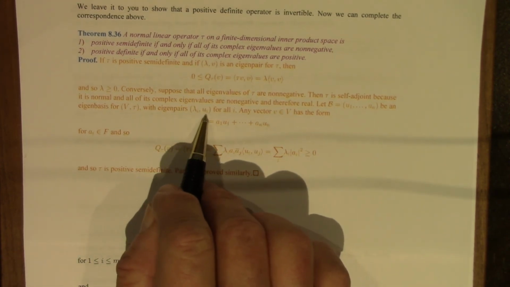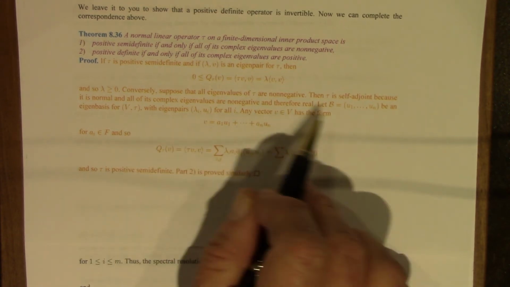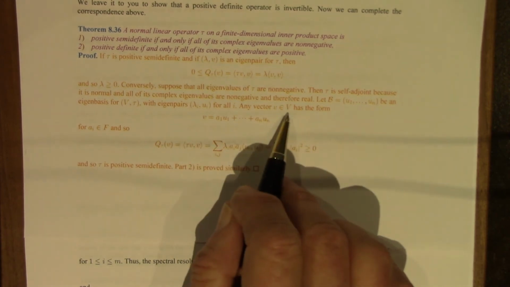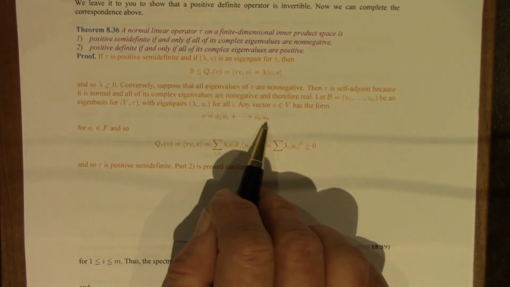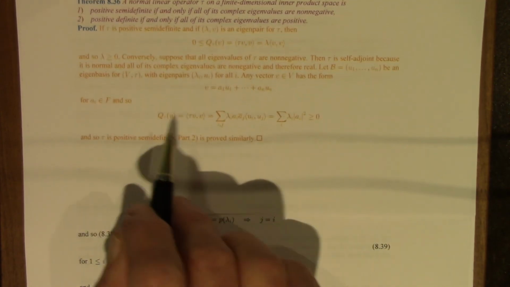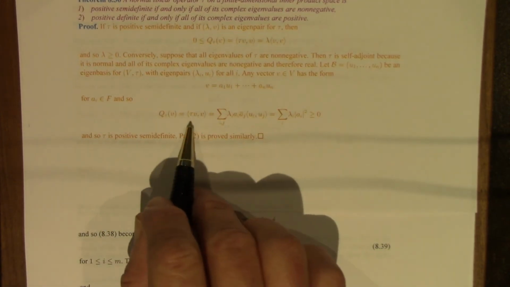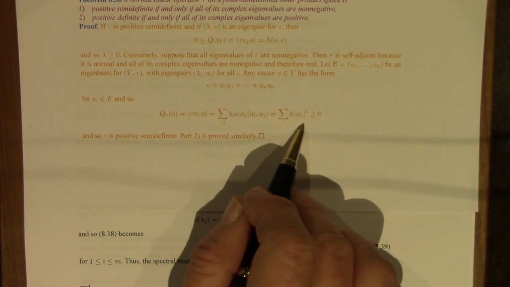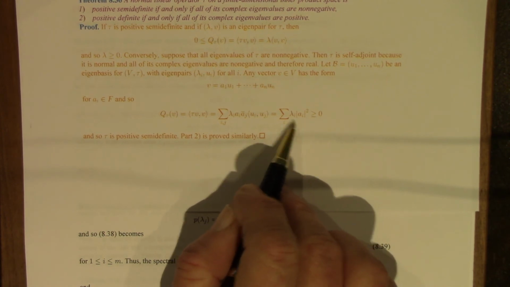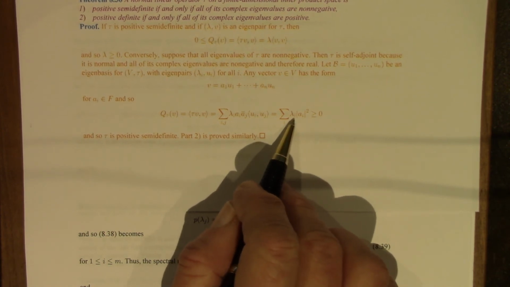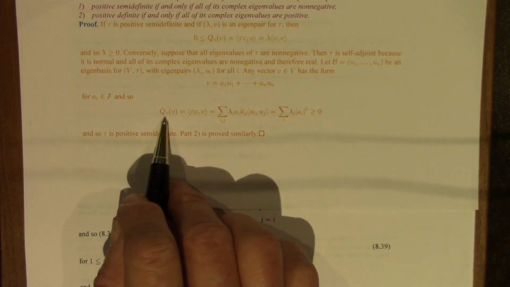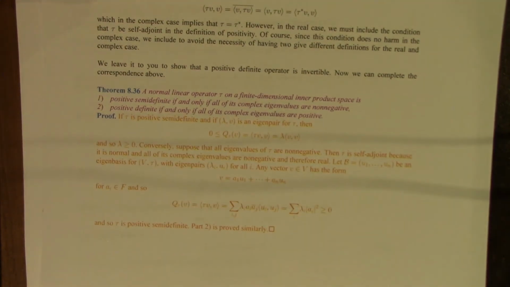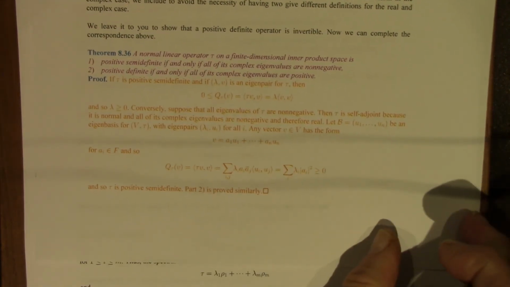And if these are the eigenpairs corresponding to the eigenbasis, so lambda i is the eigenvalue corresponding to u i, then any vector v is a linear combination of the basis vectors. And so q tau of v, which is by definition this quantity, simplifies to this sum, which is non-negative because the lambda i's are non-negative. And so tau is positive semi-definite. That's the proof for one. The proof for two is analogous, and I'll let you do that if you're interested.